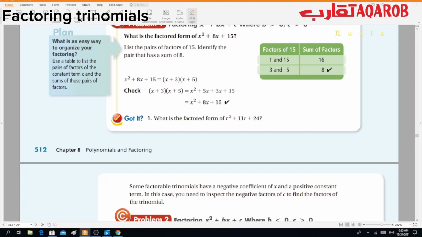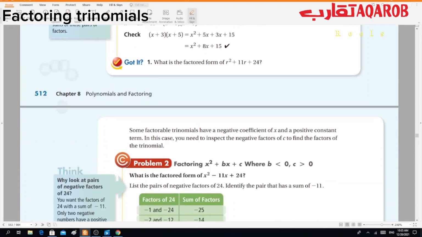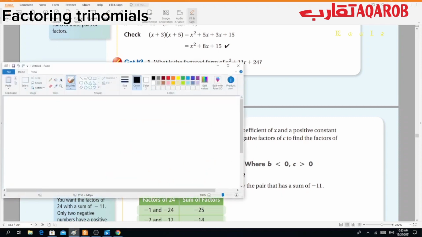Okay? So I want to repeat it, but by solving the problem, as you can see here. I will repeat again by solving it. For example, they ask us to factor the trinomial x squared plus 11x plus 24.